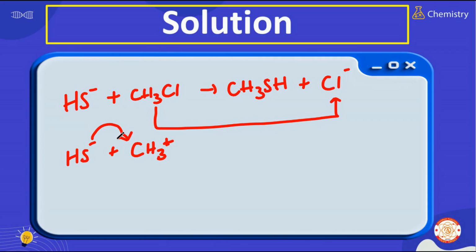When hydrogen sulfide donates a pair of electrons to carbon it behaves as a Lewis base, right? And this, because it's accepting a pair of electrons, it behaves as a Lewis acid.